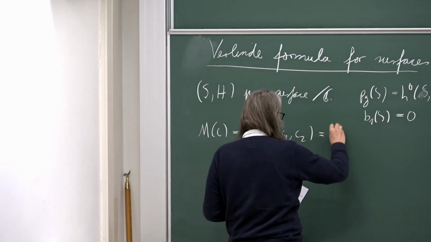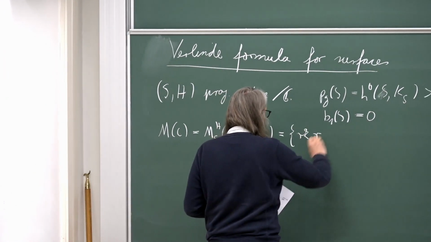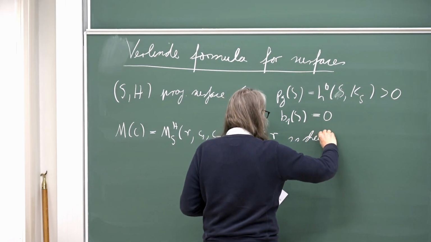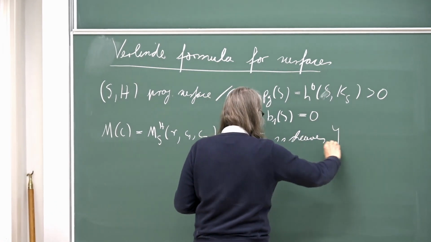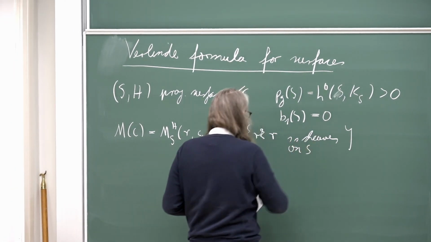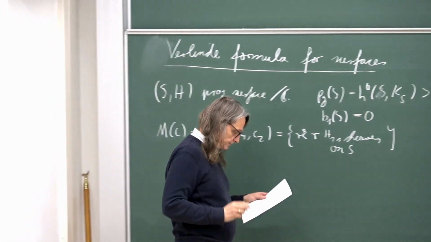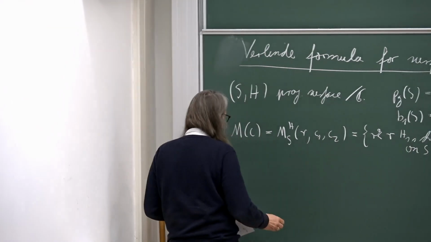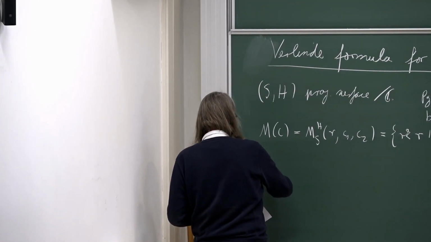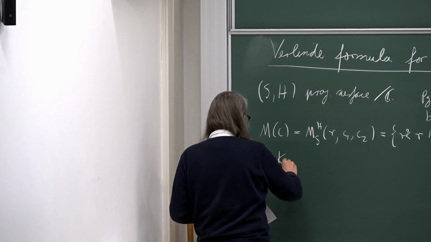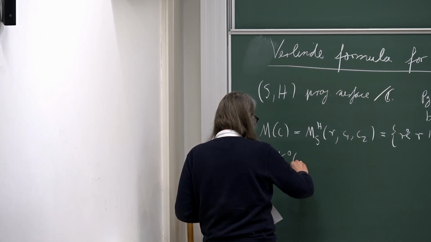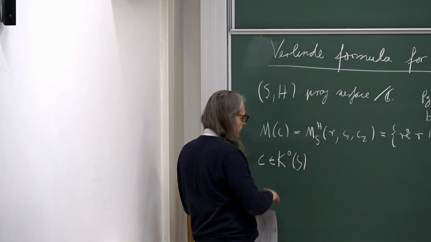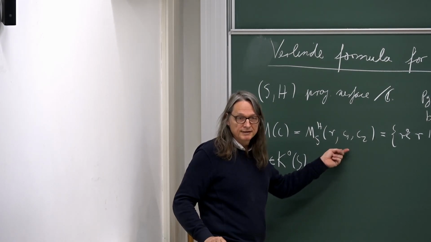So rank R semi-stable sheaves with the corresponding Chern character on S with respect to H. Here, this C is an element in the Grothendieck group of vector bundles on S. It's just the class of an element in the moduli space.